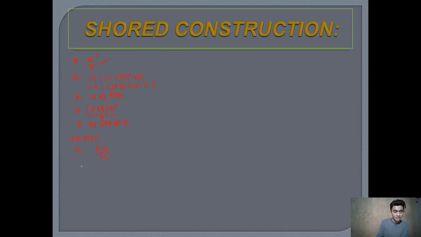So FCT is equal to, M here is 82.485. Take note, this is in kilonewton meter. If we want our answer to be in megapascal, this is multiplied by 10 raised to 6. And then what is the value for Y top?